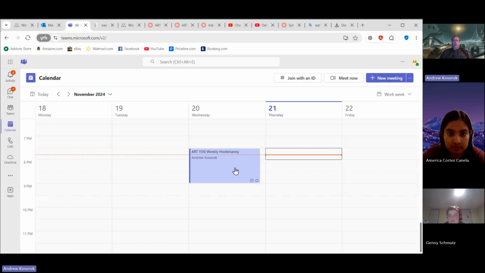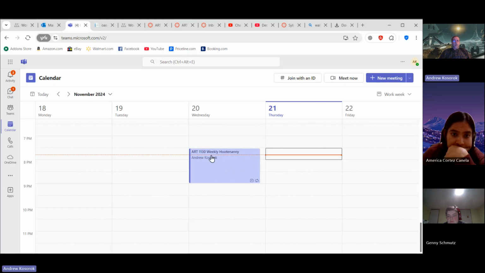The way to set these up is you left click on an arrow, or you click on a time period that's about when you want to do your meeting. And then you give it the time that you want to do the meeting, say it's only for you. And it's pretty self-explanatory. But if you do have an issue, you can contact the Canvas support people on campus, and they'll walk you through it.